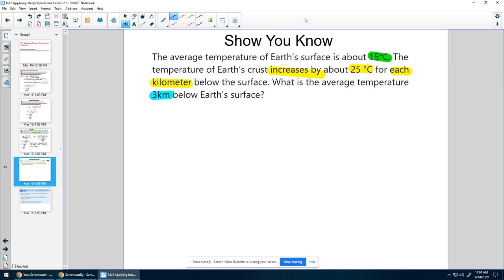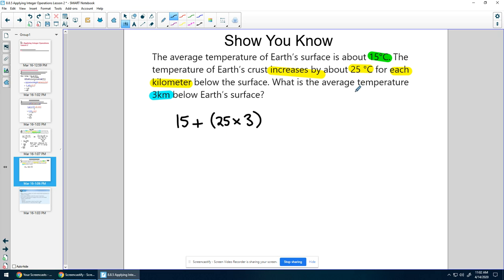Okay, step 1. What do we start with? We're starting at 15 degrees Celsius. And the temperature increases. Increase means add, by about 25 degrees Celsius for each kilometer below the surface. What is the average temperature 3 kilometers below? So we are going to do 25 times 3 kilometers, and then we can solve.